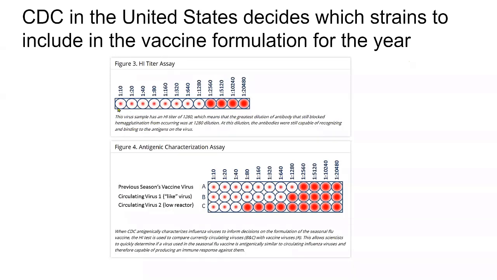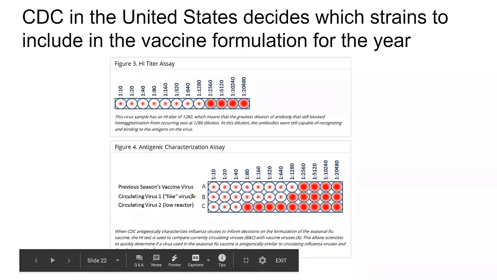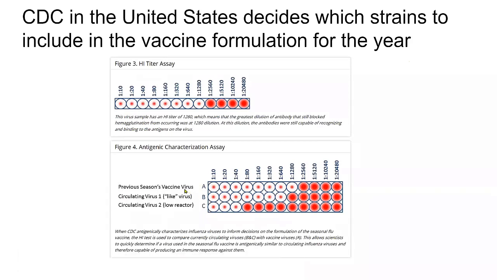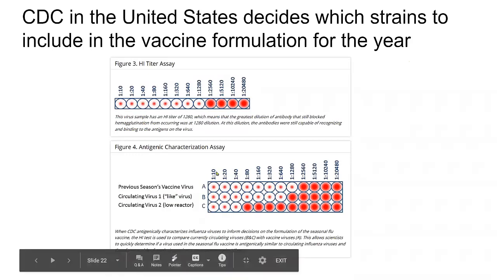If you understand nothing else, you can just say, it looks pretty. So these previous season vaccine virus, they have lots and lots of flu viruses at CDC, different strains, and they say, well, is the virus that's circulating out there now similar to last year's? And so they do this test with red blood cells. My next slides will explain how it's done.